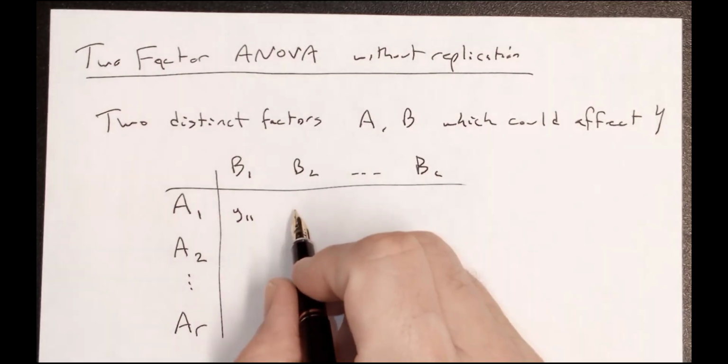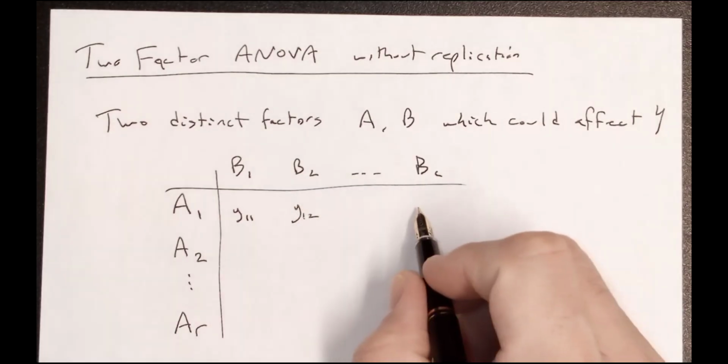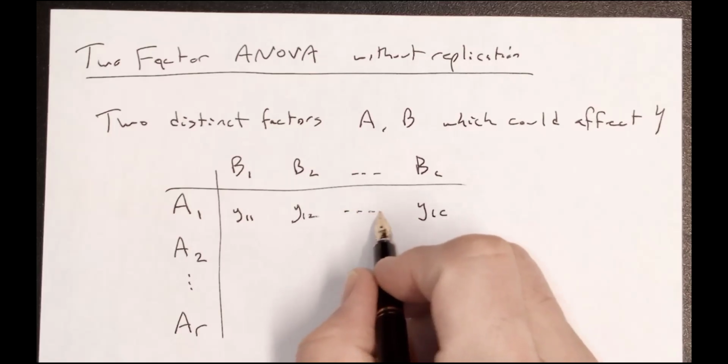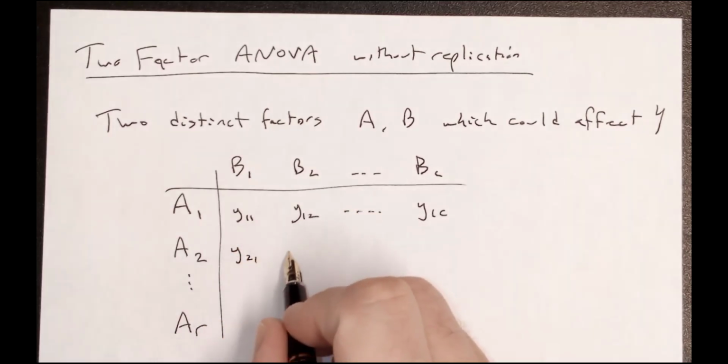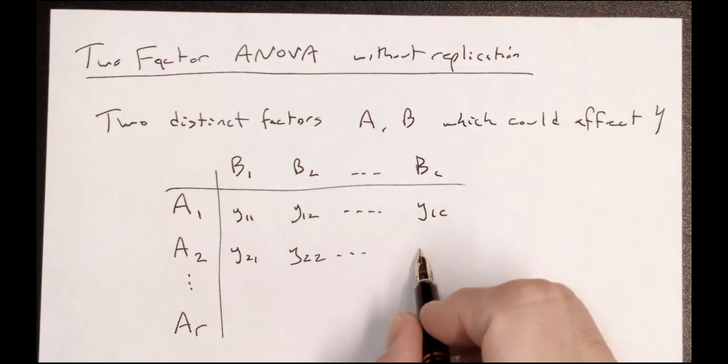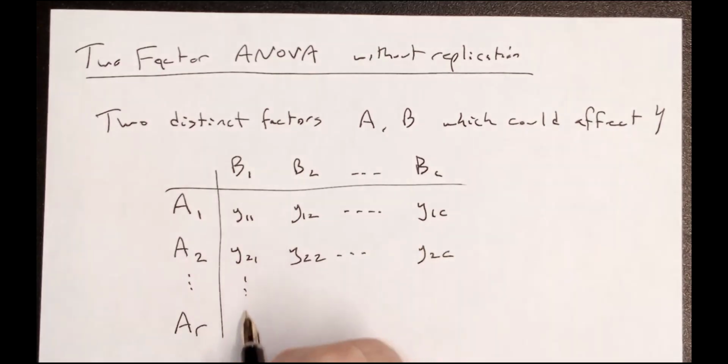And so here, there's one number for each possible row and column combination.